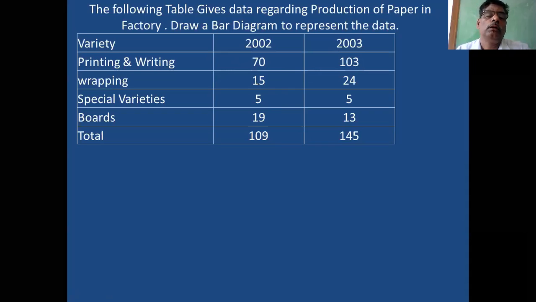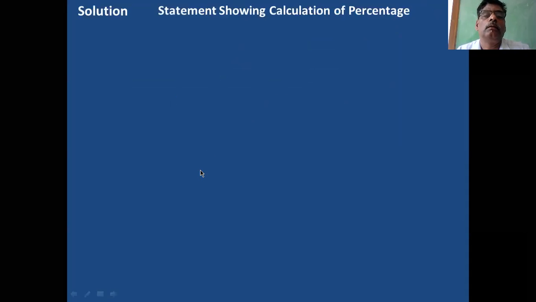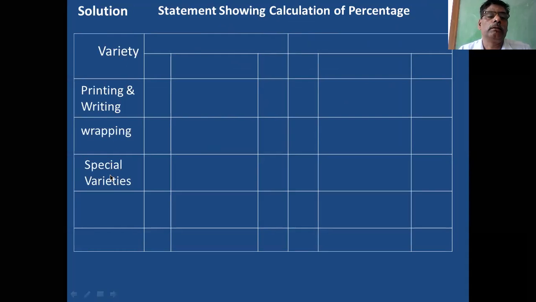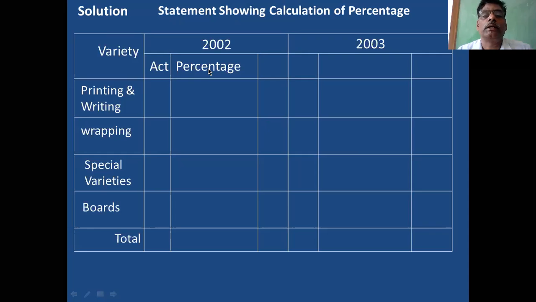Okay. You see the table, how to calculate it. This is the statement showing calculation of percentage. Variety of papers, total, 2002, 2003, 2 years I have taken. Actual value of the component, percentage, cumulative percentage.